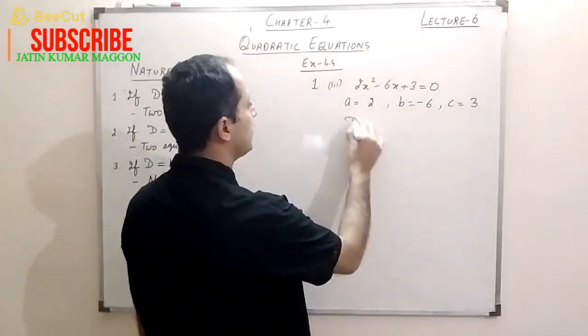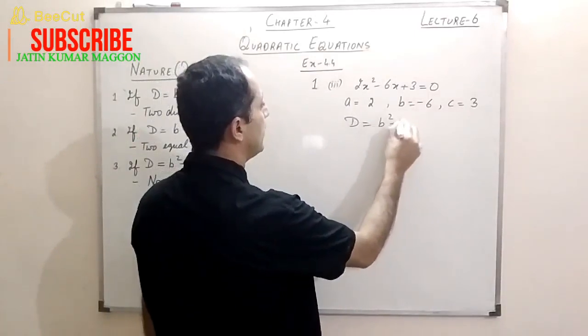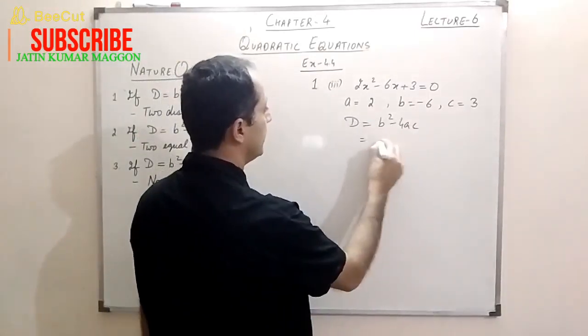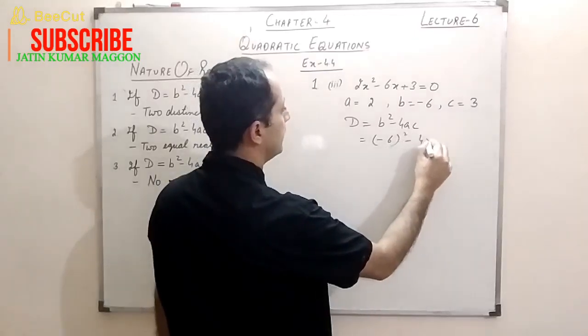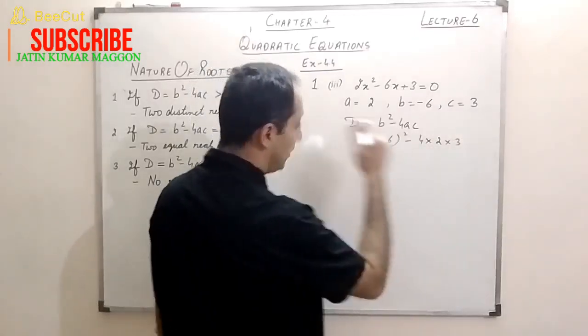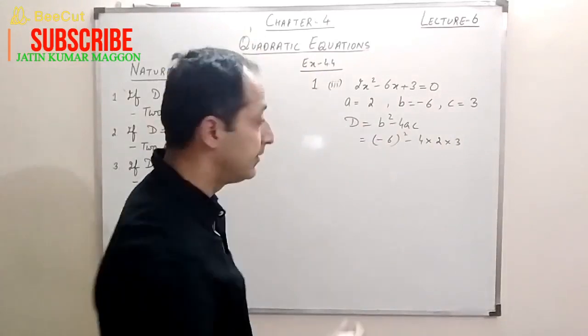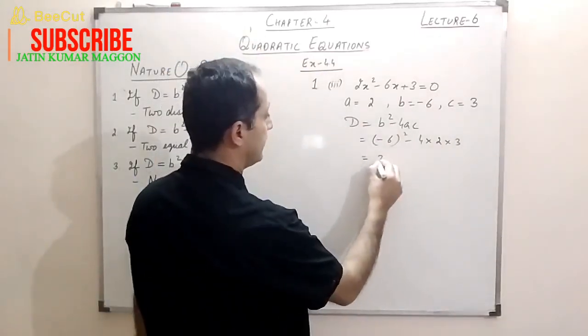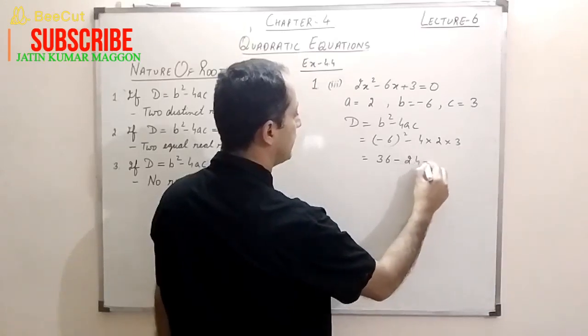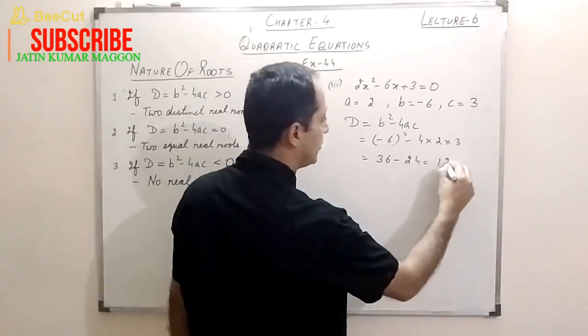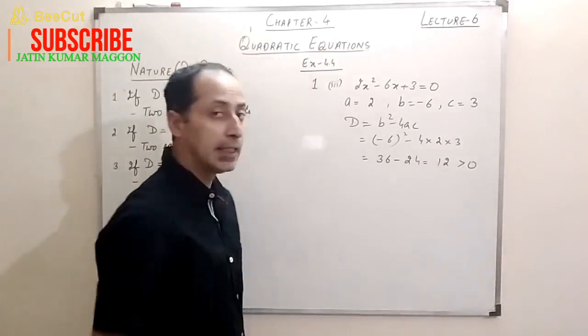So D equals b square minus 4ac. Substitute the values. Now the square of 6 is 36, so we get 36 minus 4 into 2 into 3, that is 24, and subtracting these two, I get the value 12, and this value is greater than 0.